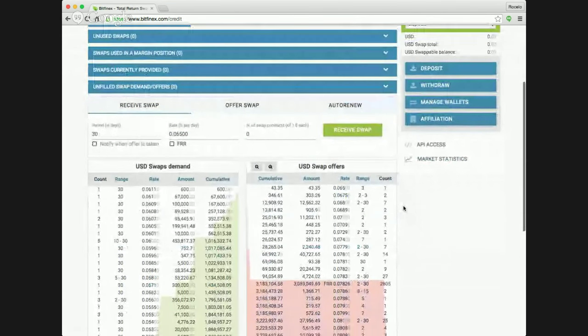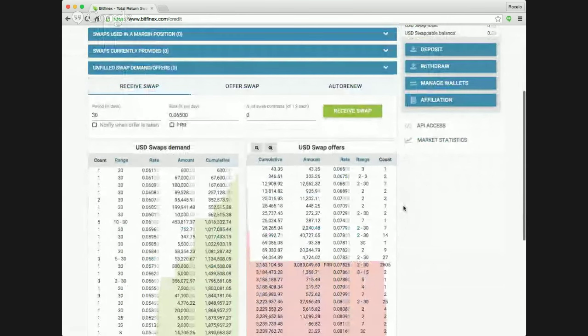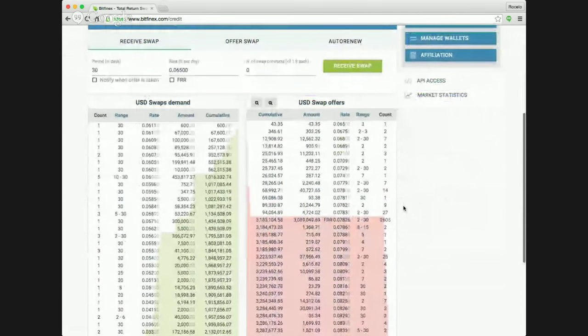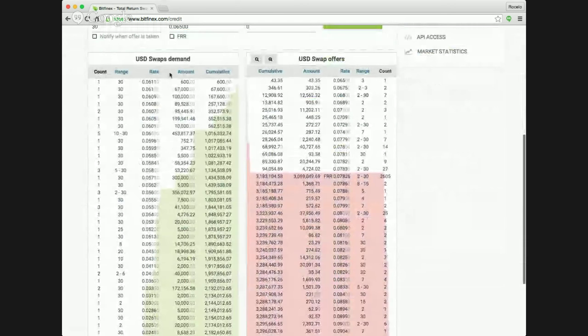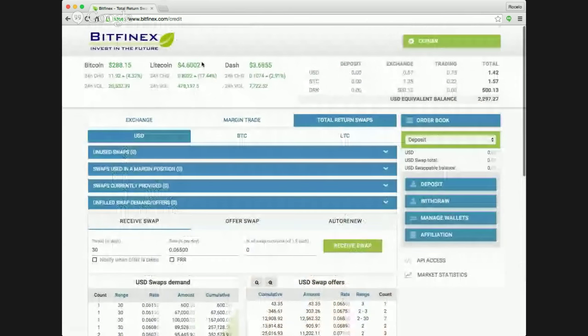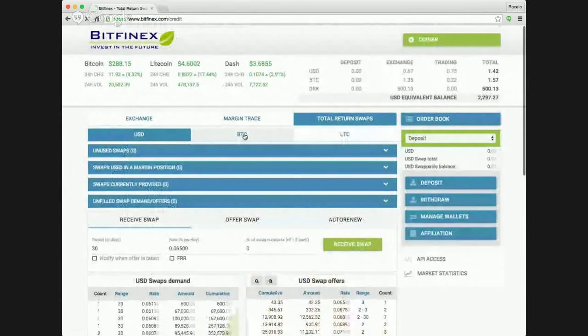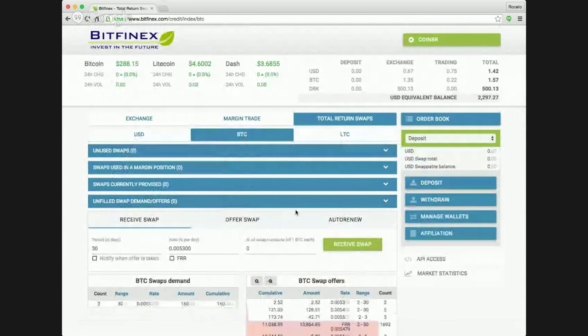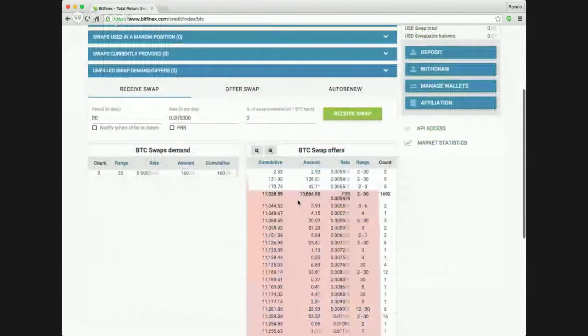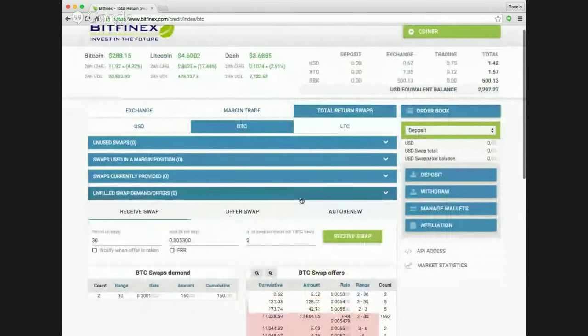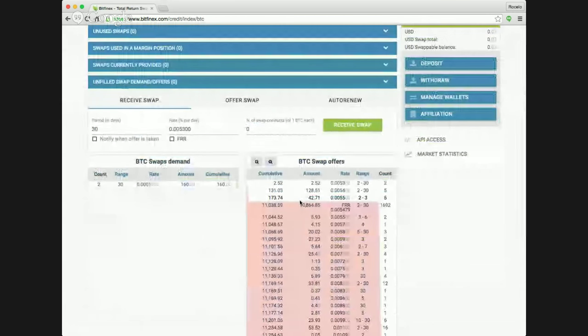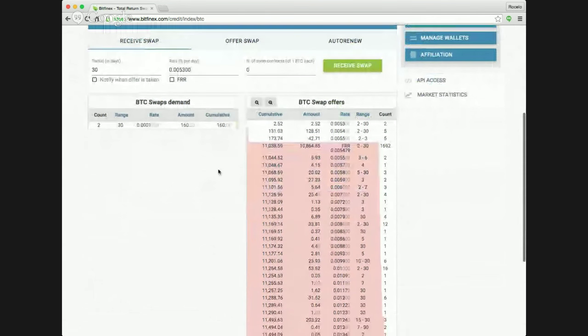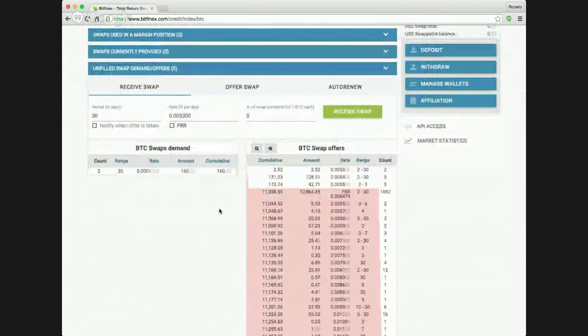Here we go. On one side, I have USD swap demands. Like I said, we can invest in Bitcoin or we can invest in US dollars. The problem is normally there is no demand for Bitcoin. As you can see now, it's very low. I'll explain exactly how it works in a little bit more.